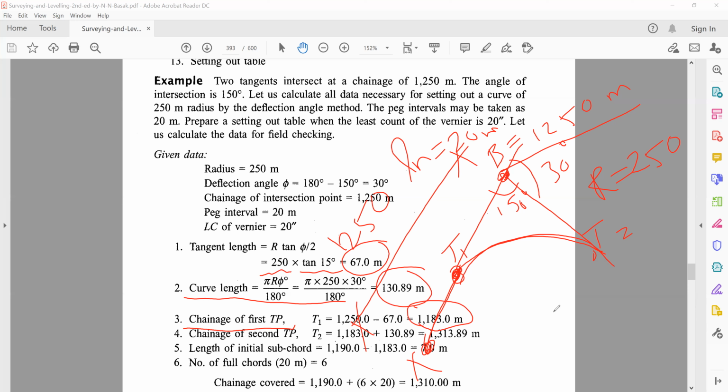Now the chainage of the first point T1 is 1183, and the chainage of the second point is 1183 plus the curve length, so it becomes 1313.89 meters. So now we have the chainage of the point T1 and of the point T2.